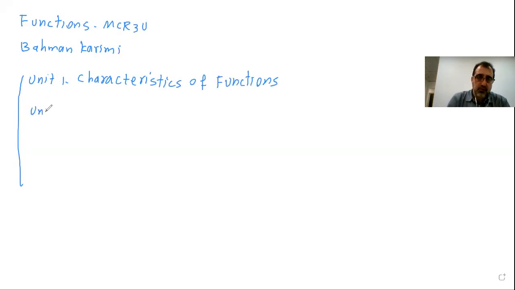Unit 2 is about exponential functions. Unit 3 is about discrete functions.